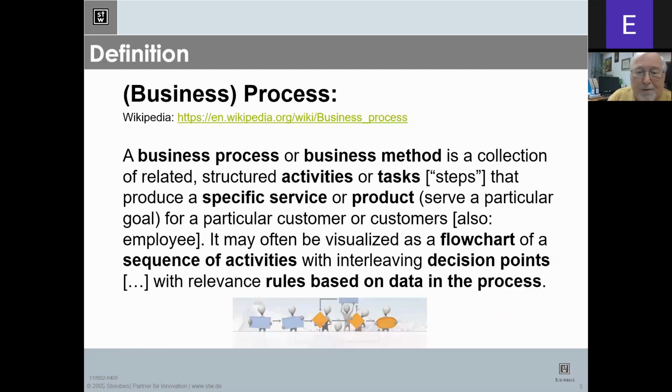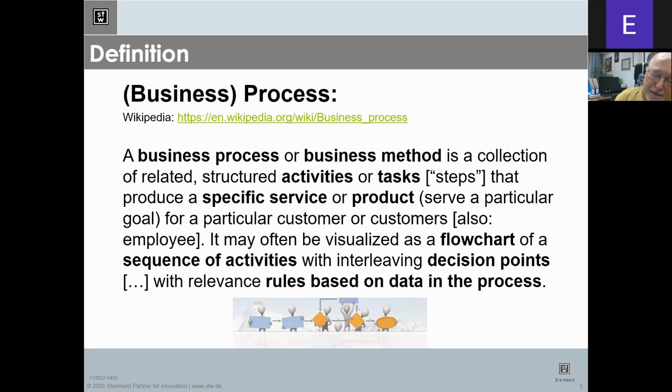A business process is identified by we want to achieve a specific target, a specific service. We want to set up a service and we need a process to support the service. Or we need a service to make a product. For example, a product could be an object ready for exhibition.